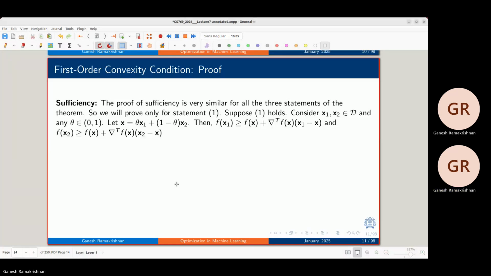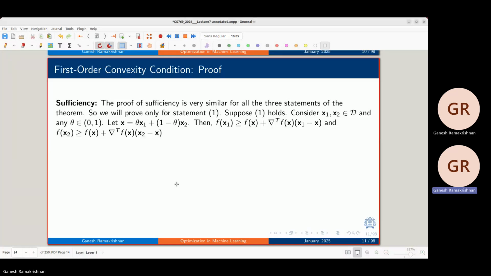Right? So I have just created two inequalities based on a specific set of x1, x2 and corresponding x. Now, when I instantiate, what will happen? I can actually just add them. See, my intention is to get this cancelled out. What will y minus x look like in one case? In one case it will be x1 minus x.